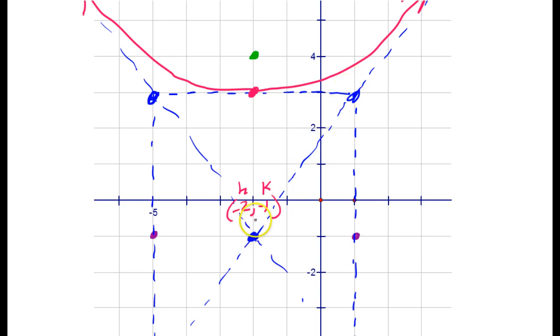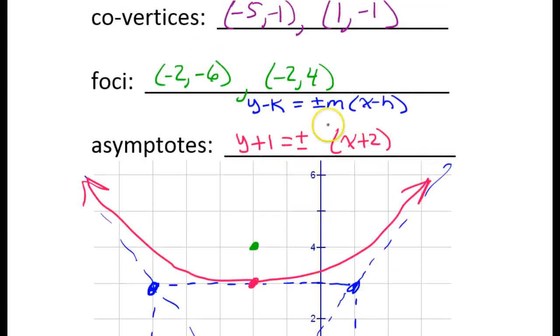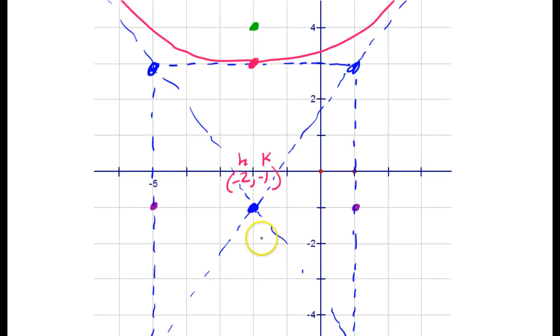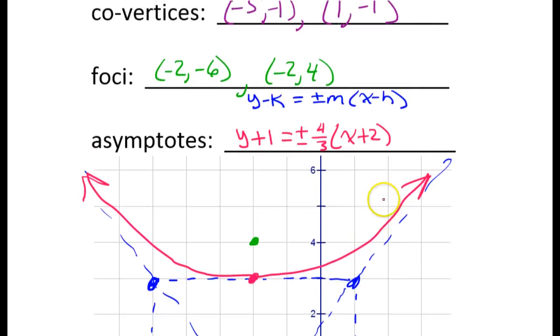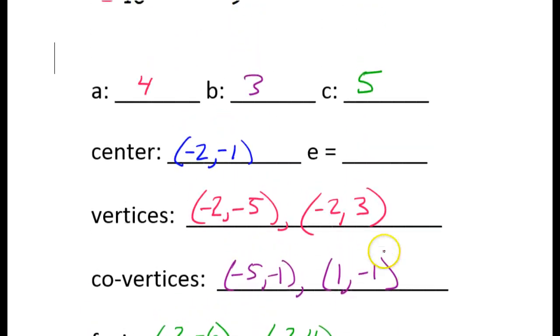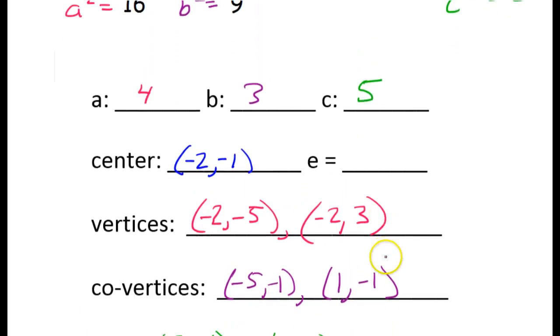It's easy to tell the slope. What's the rise and run from this point over to this point? Well, this is up 4 and over 3. That's why the slope is 4 over 3. And we have plus and minus because we have two asymptotes, one positive and one negative. And so that's it. That's it for number 3.